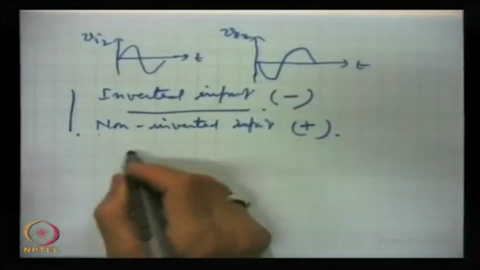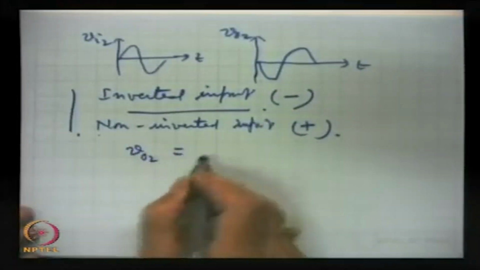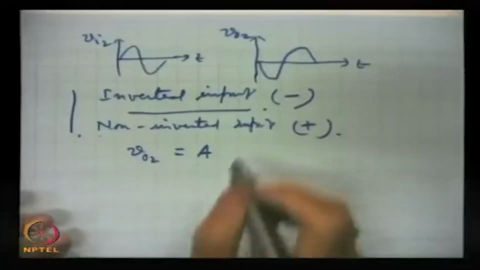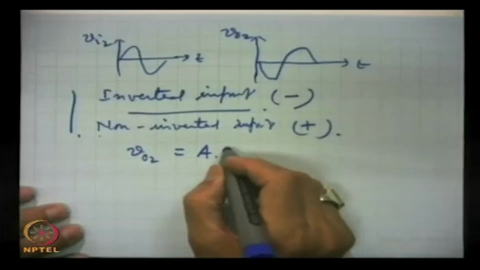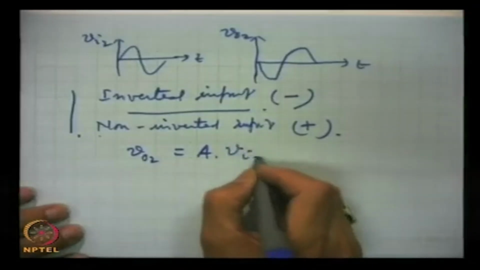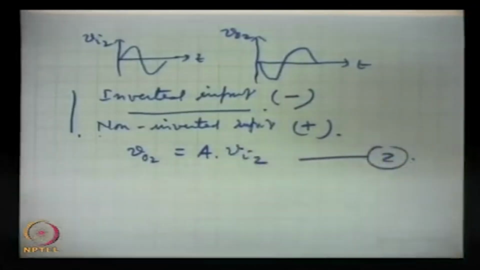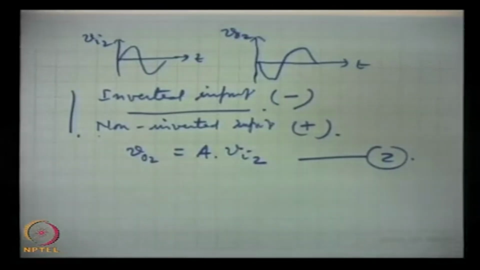Now VO2 has the same A, because the same thing is being repeated. Q2 forms the CE amplifier, Q1 forms the CB amplifier. So we get the same gain, and this is Vi2, this is equation 2.